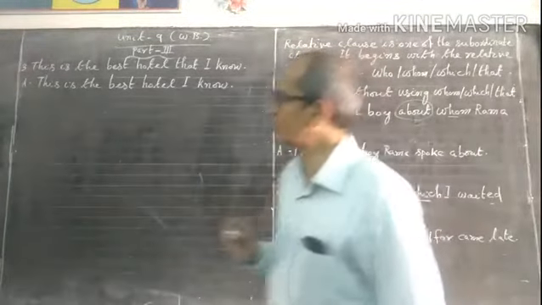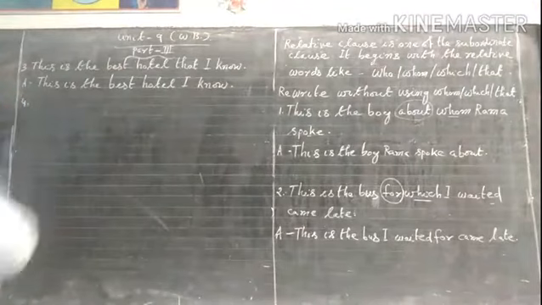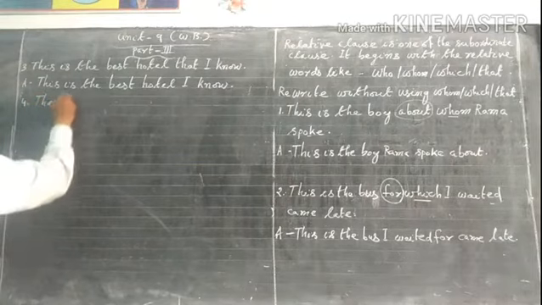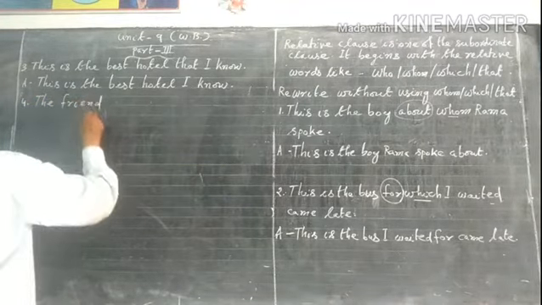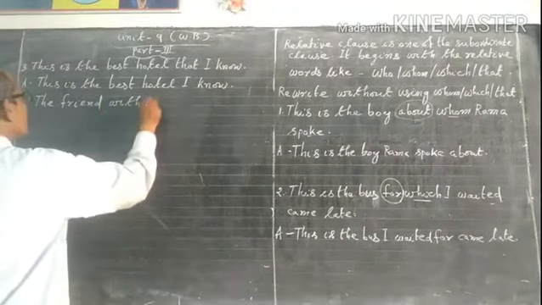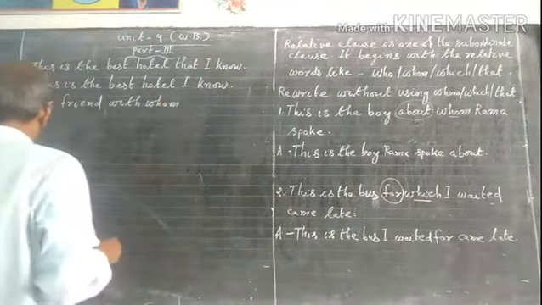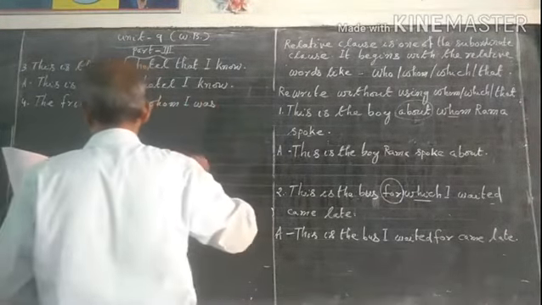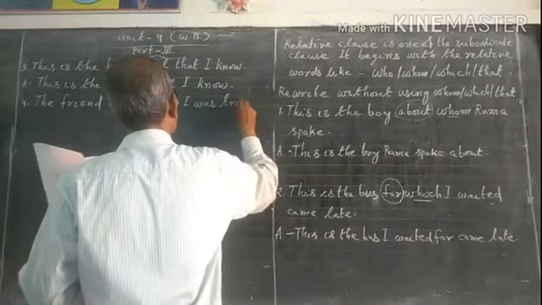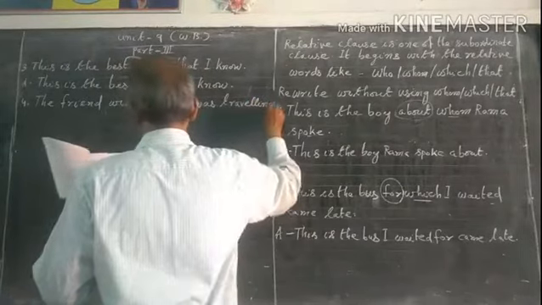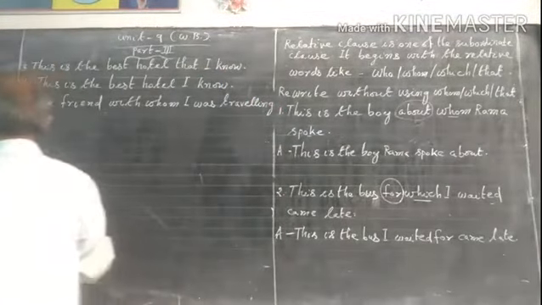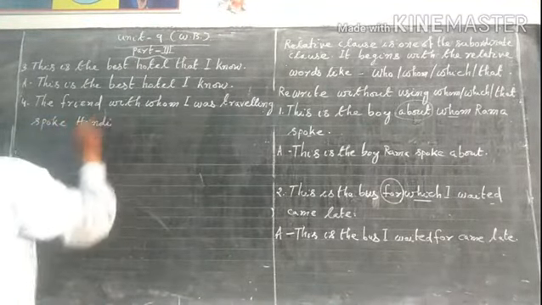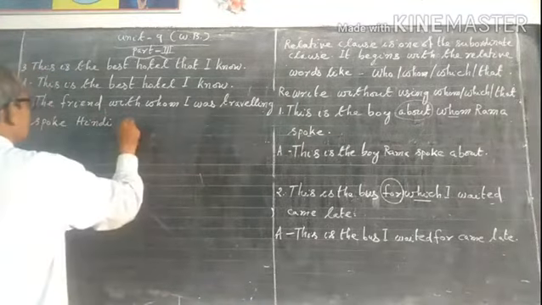Okay? So then 4. Number 4 is: the friend with whom I was traveling spoke Hindi frequently.